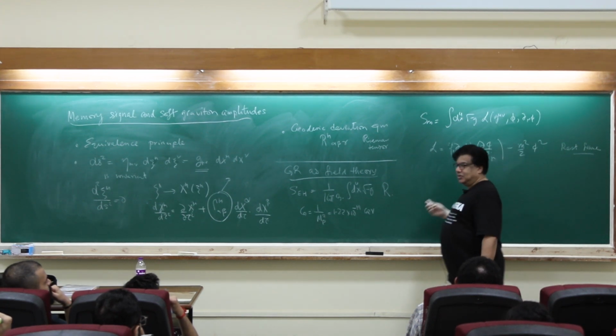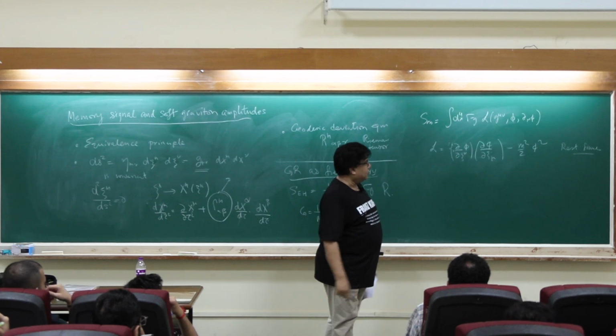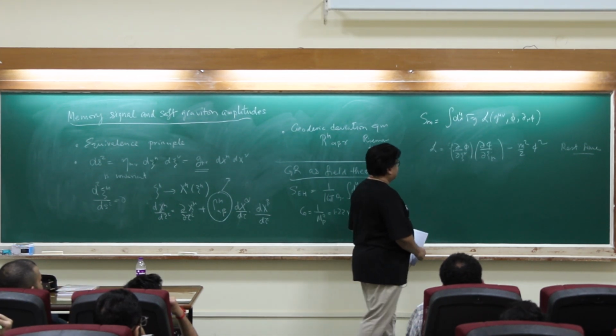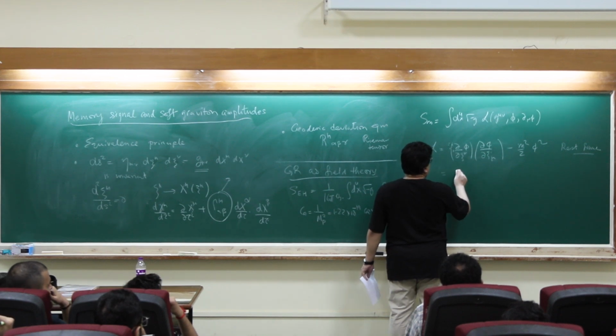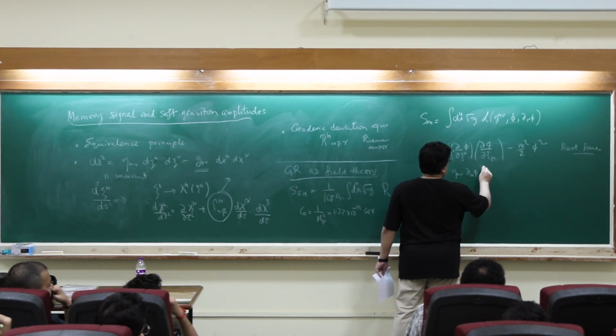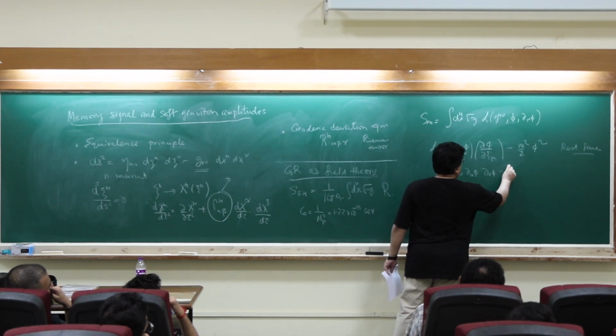You can write your whole usual action that you used in the Minkowski space. Then make a coordinate transformation, which means that basically this would have been eta mu nu d mu phi d nu phi.